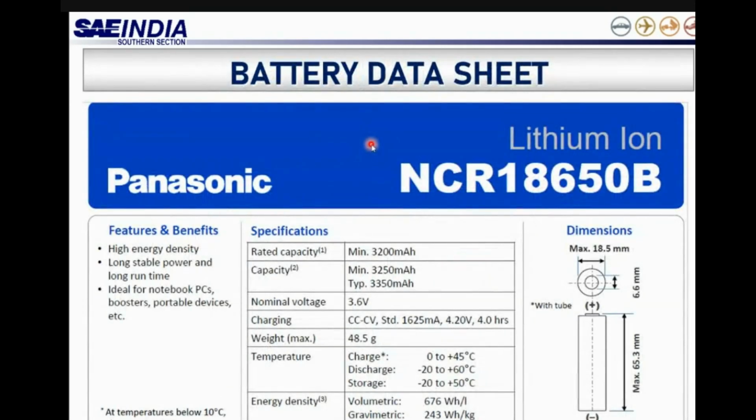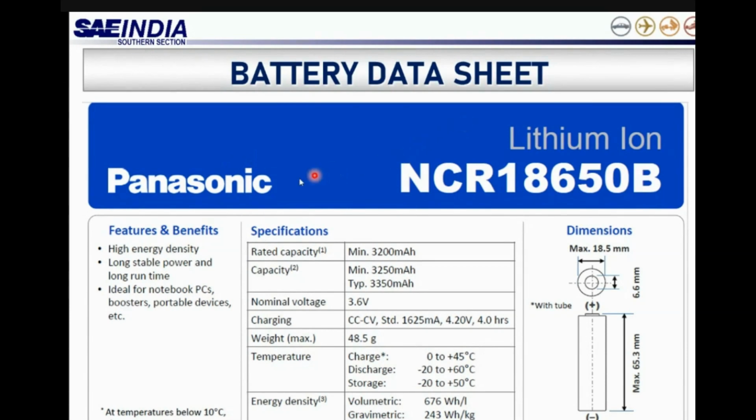Now, since we spoke about batteries, one thing I would like to say: while you source your battery pack, or when you are doing a comparison, try to get the battery data sheet.